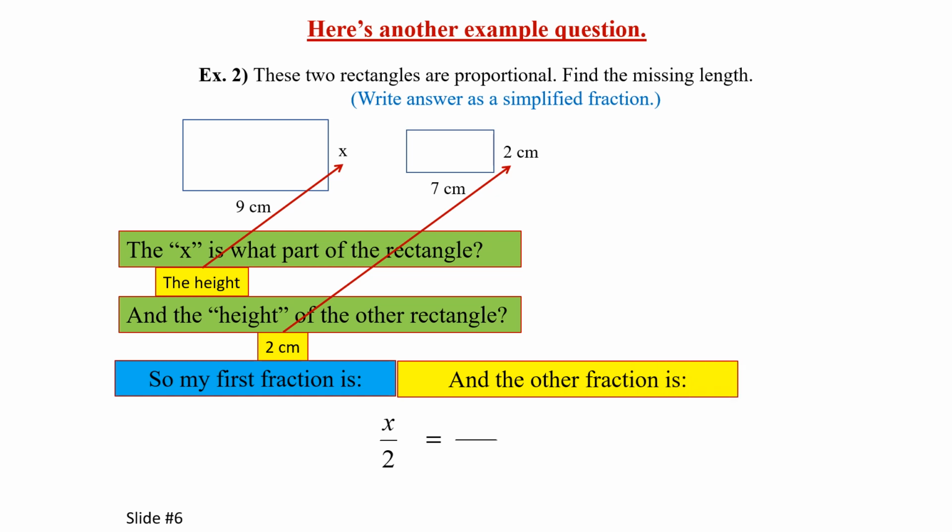And now the other fraction, 9 over 7. So my first fraction is the heights of the rectangles, and my second fraction is the bases or bottoms of the rectangles.